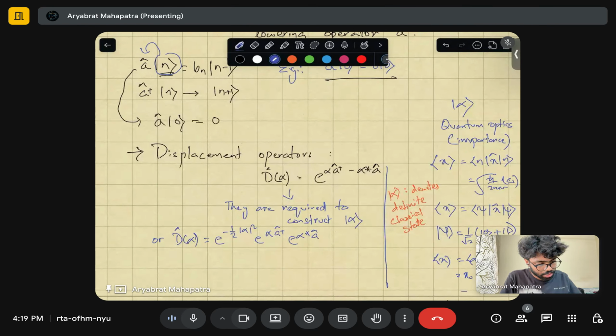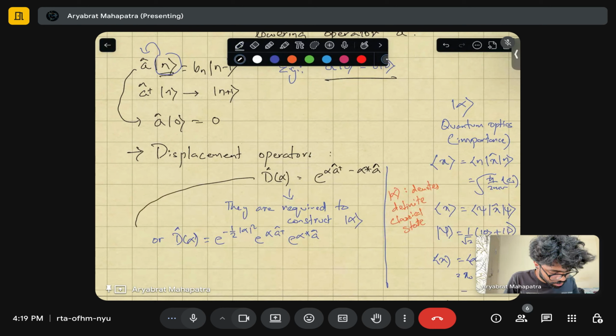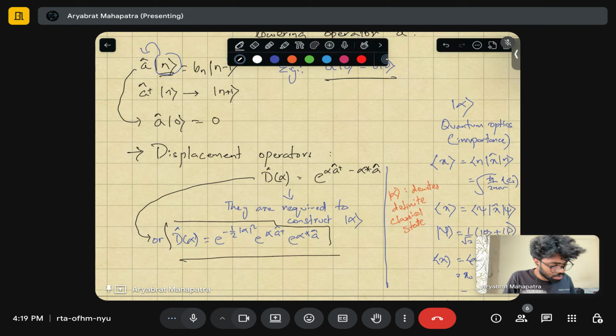So this is just the other way of writing this D(alpha). This is the same as the expression written here.